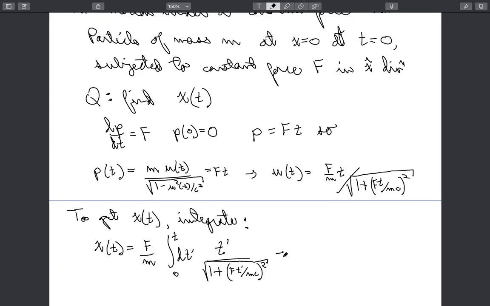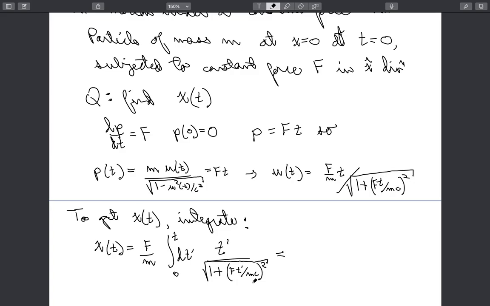Okay, and this integral, you see, is quite easy because I already have the t prime here. When I take a t prime derivative of this, the t prime squared gives me a 2 t prime dt prime, which is exactly what I have here. So this can just be directly integrated. The factor of 2 that I get cancels with the square root, so the integral is just proportional to the square root of this object.